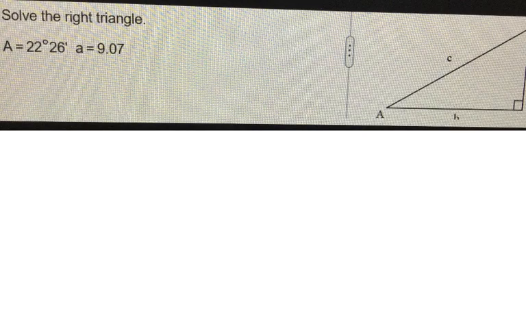Oh man, that's an ugly decimal. Oh well, I'll just write it as a fraction. This is an ugly problem, just the truth.